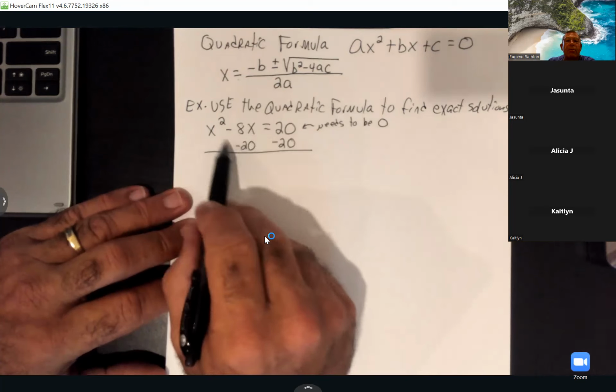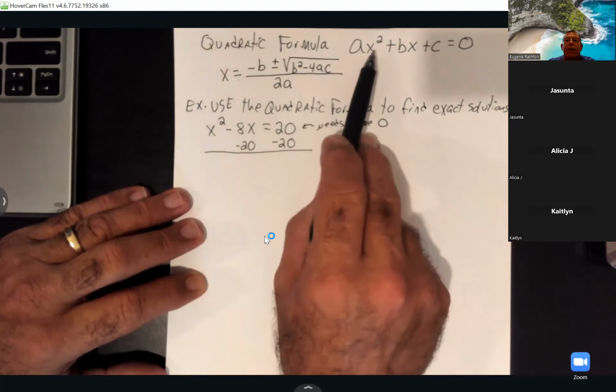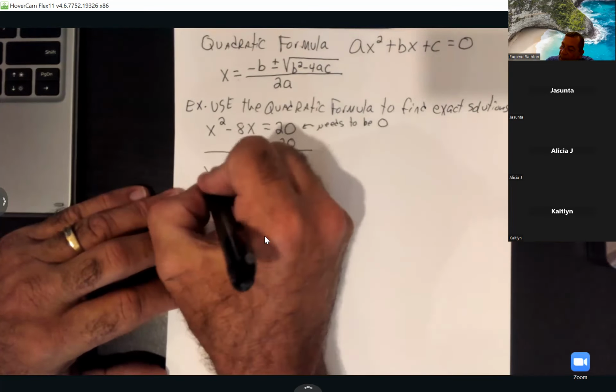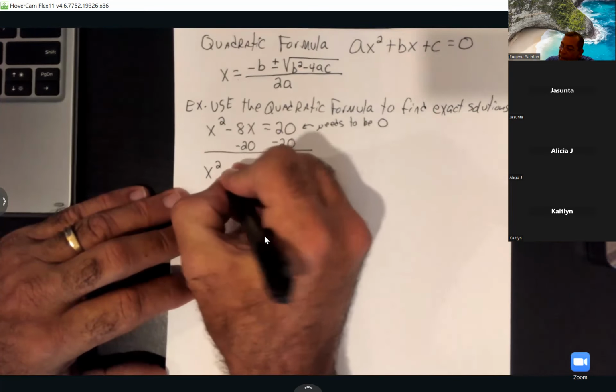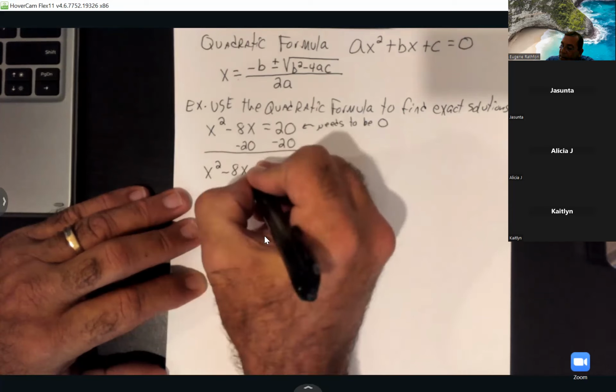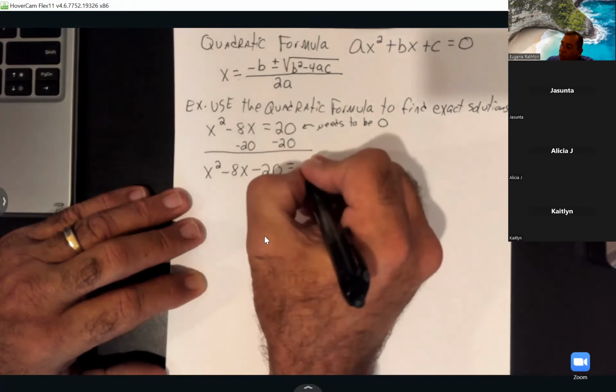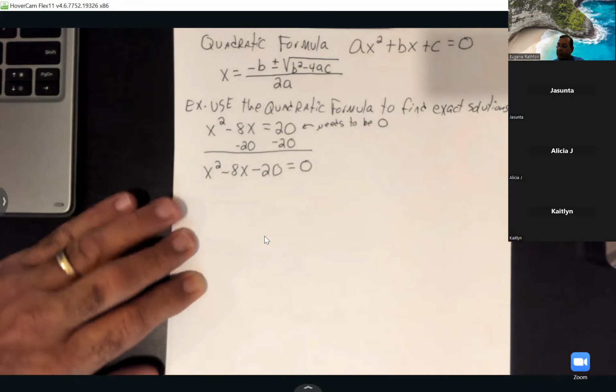Now, there's no like terms over here, so I'm just going to put them in order. My x squared term, my x, and then my number. So I'm going to have my x squared minus that 8x minus that 20, all of that equal to 0.